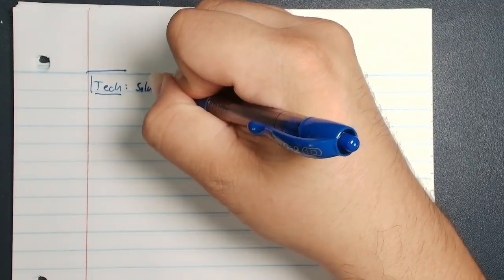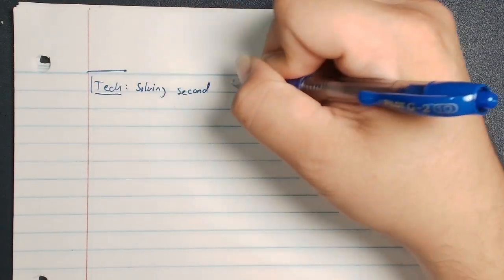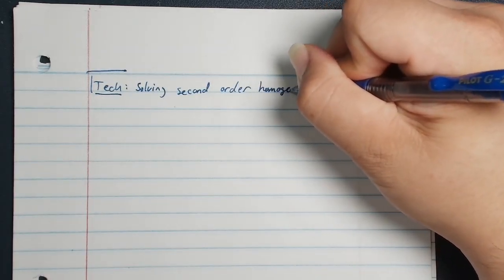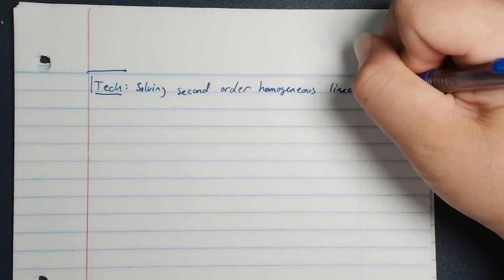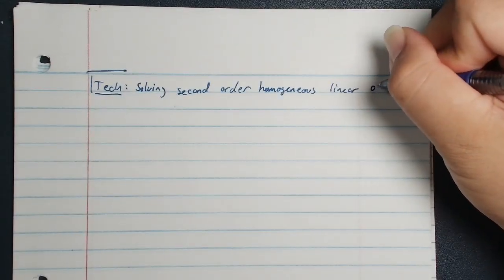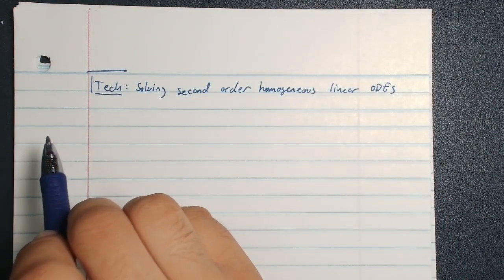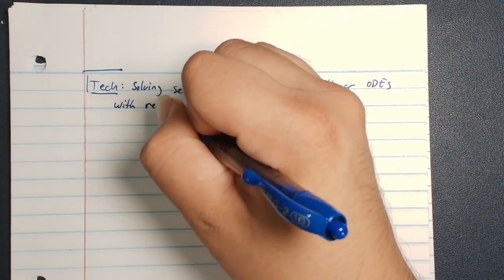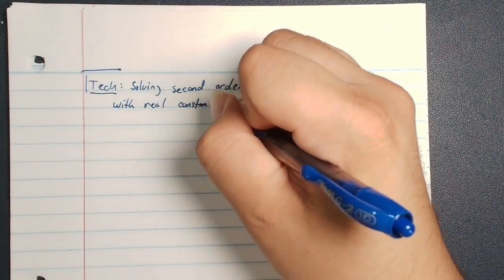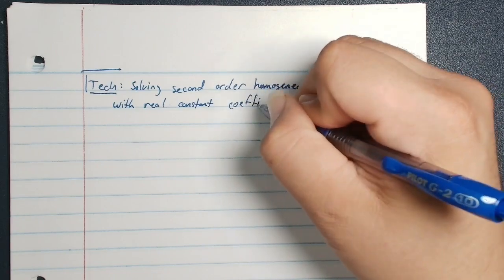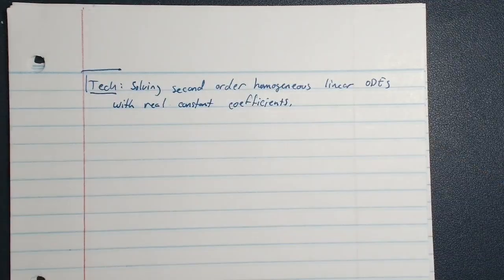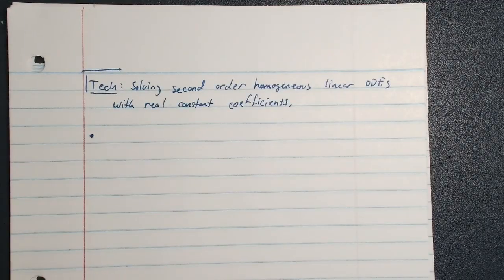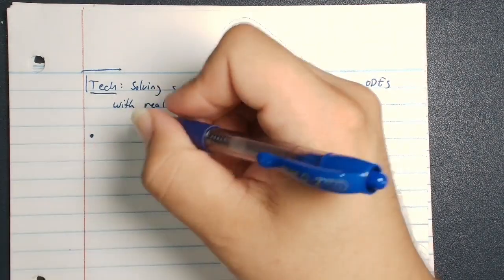So here we're looking at solving second order homogeneous linear ODEs with real constant coefficients. Okay, so our first step here, we're going to go ahead and write the characteristic polynomial equation.